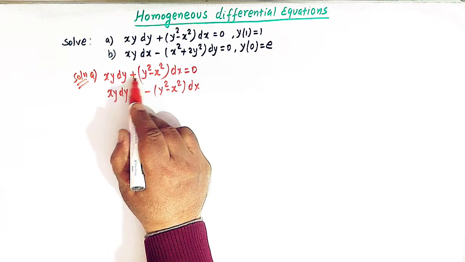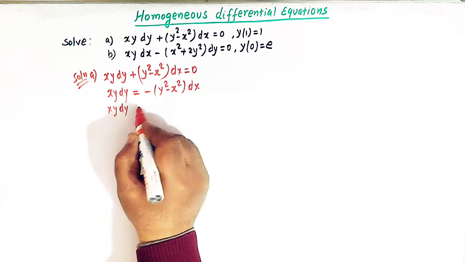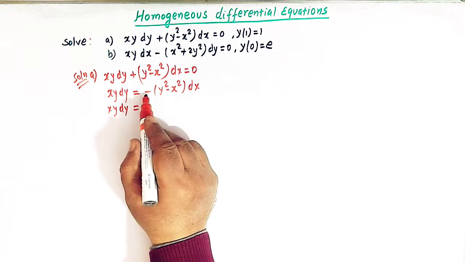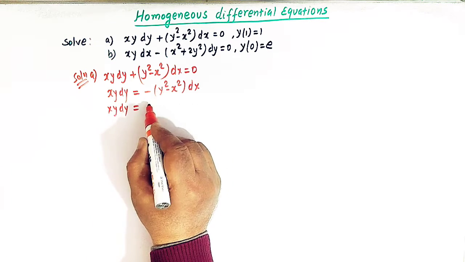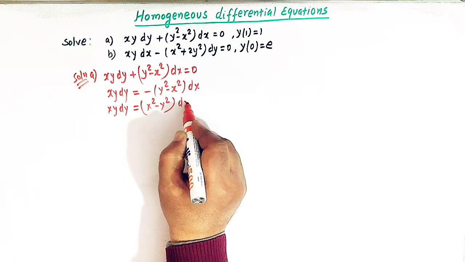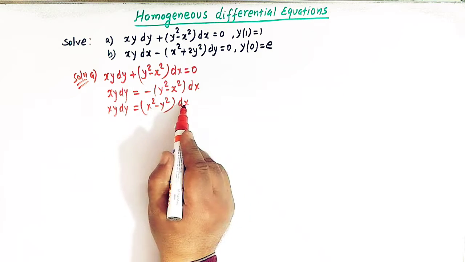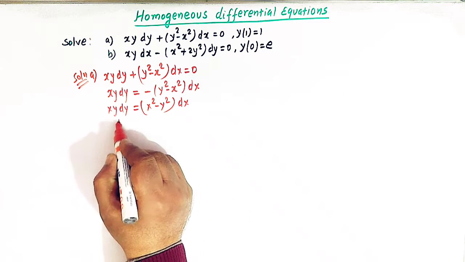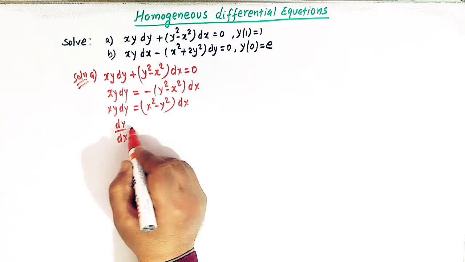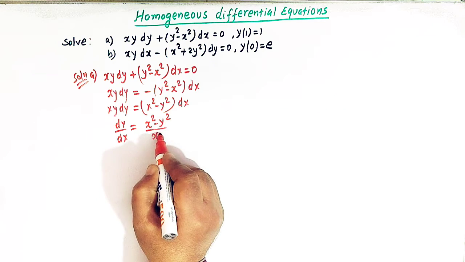So taking this term to the right hand side, we can now write xy dy, and here we can reverse the two terms. So we have (x square minus y square) dx. Now let us separate the terms here. We can take dy over dx, and here we have (x square minus y square) over xy.